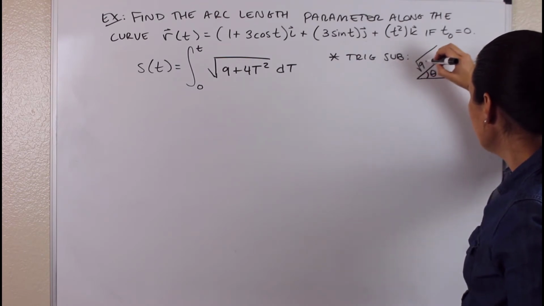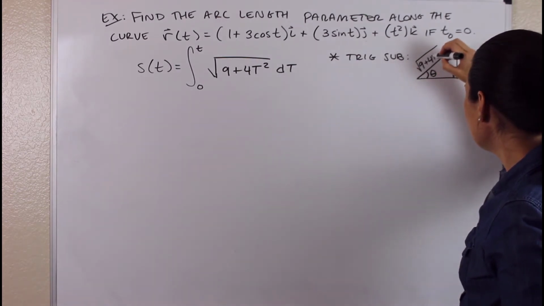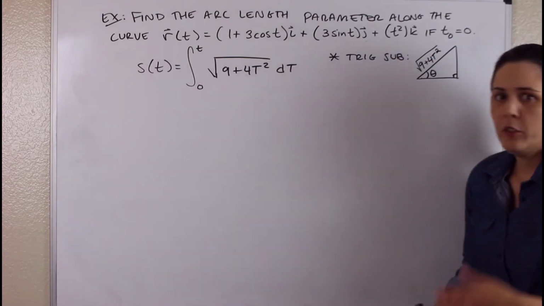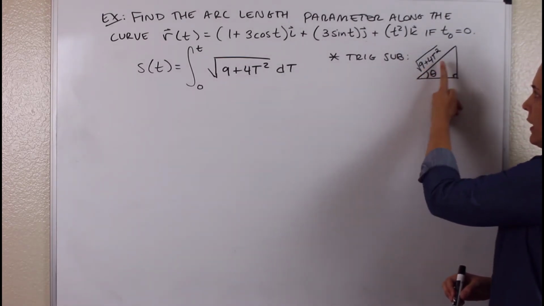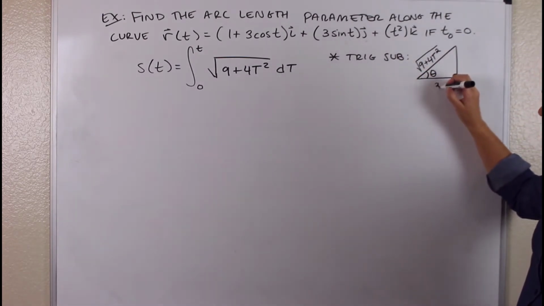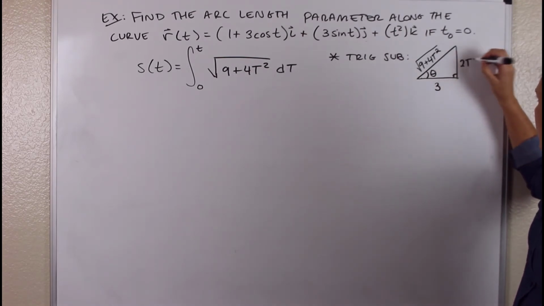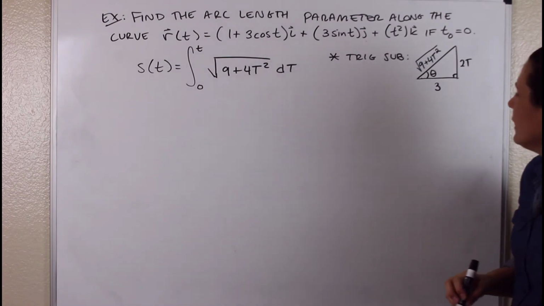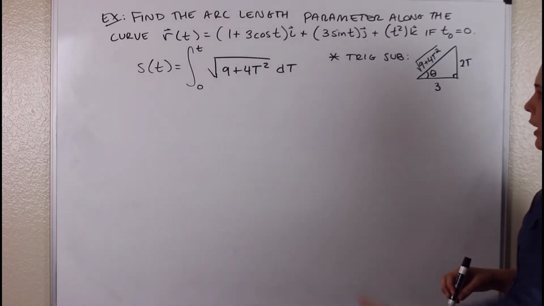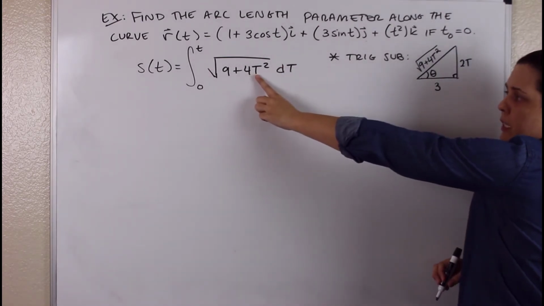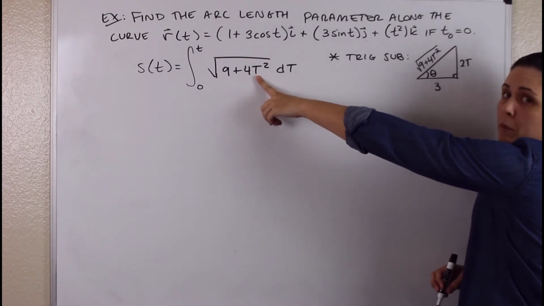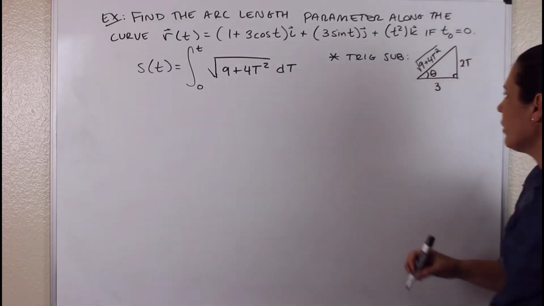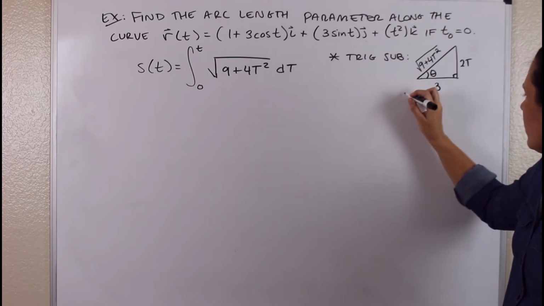So that's square root of 9 plus 4t squared. And then you just say, well then this is one leg squared and that's the other leg squared. So you can say that that leg's 3 and this leg is 2t, because when you square and add them, you get this inside the square root. Now, if I'm going to substitute for t, in this case I'm actually going to use tangent.